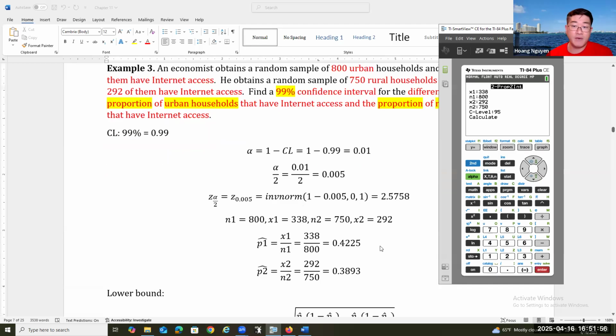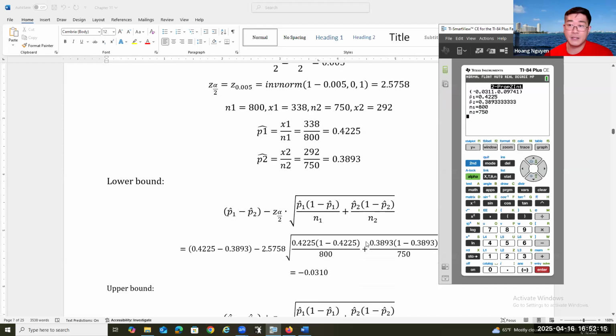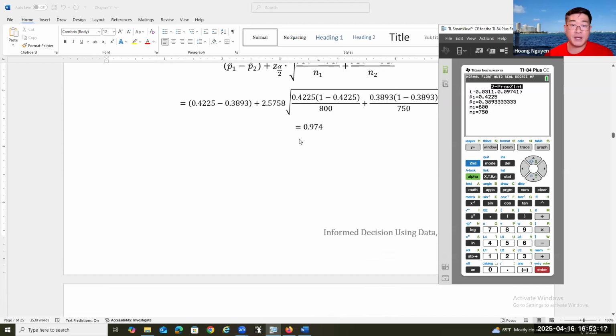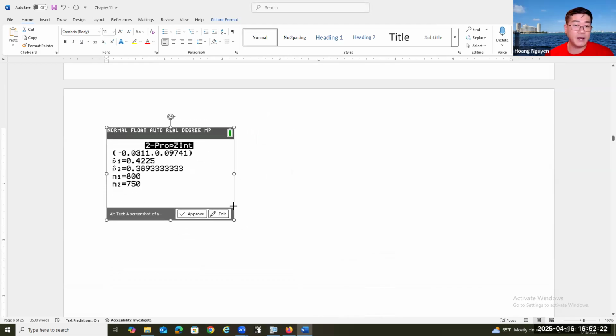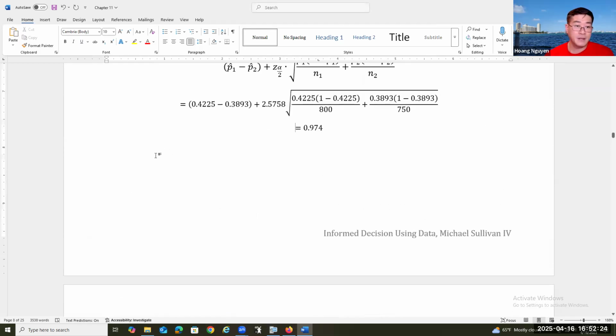And then the C level that we're using is going to be 99%. So you can put 99 or you can put as a decimal 0.99. One or the other, they should be fine. And then we go down to calculate. There you go. Okay. So this is going to be the answer from the calculator, and we're going to compare with the one that we just calculated, right? Okay. I hope that's going to be good enough, right?